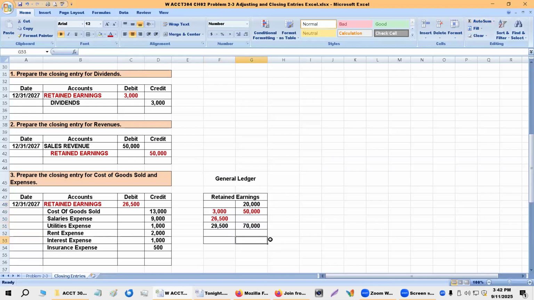And we're gonna get a balance for this, so this would be 70,000 minus, so 40,500. That's the balance in retained earnings.